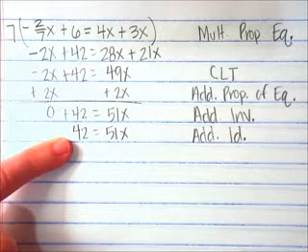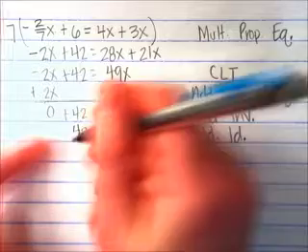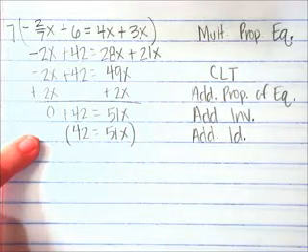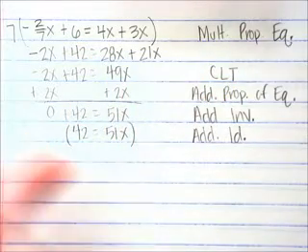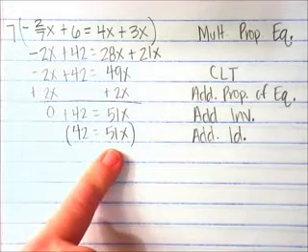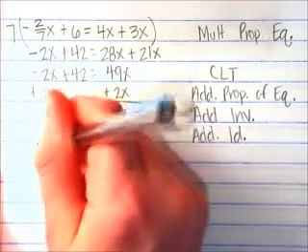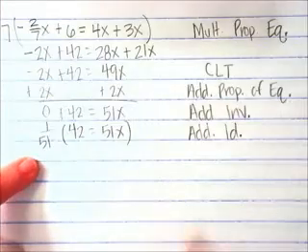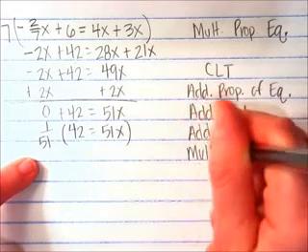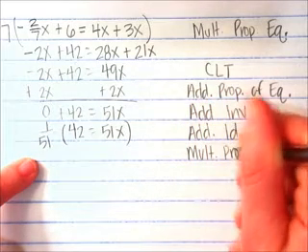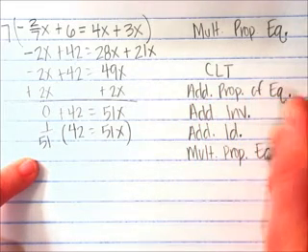All right, fifth step is to multiply both sides of the equation by the reciprocal of the coefficient of x. The coefficient of x is 51, so I need to multiply both sides by 1 over 51. How do I know it's okay to do that? Because of the multiplication property of equality.